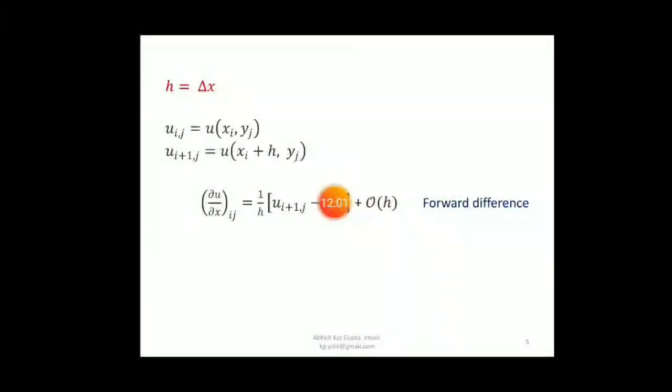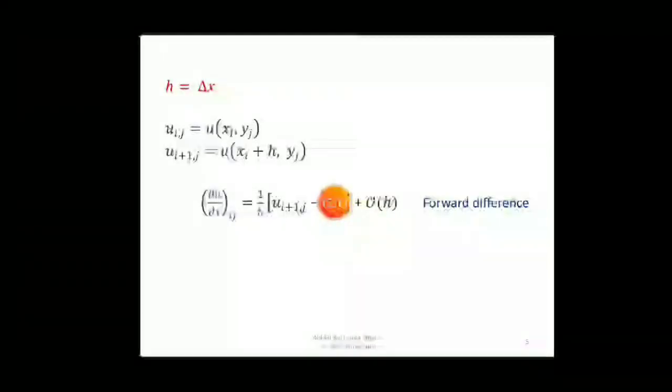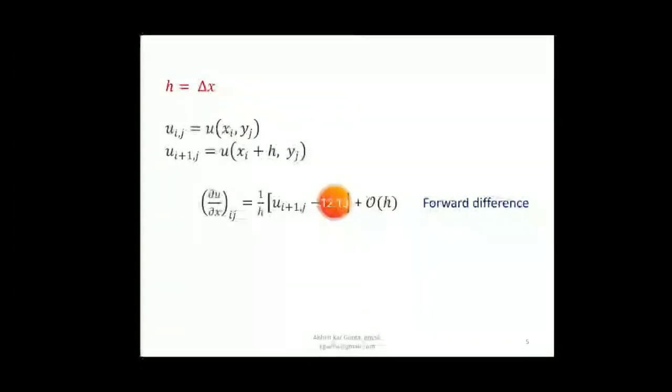So if h is less than 1, h square is even smaller, h cube is even smaller, and so on. So the leading term contributing to the error is of the order of h. That's why you write it in this way. So the forward difference formula in this discretized Eulerian scheme has some error of order h.